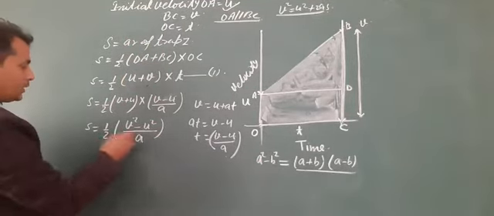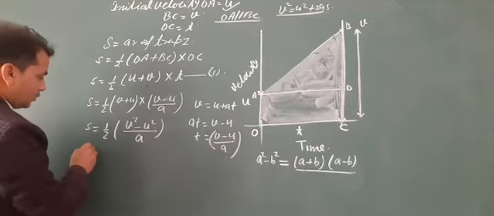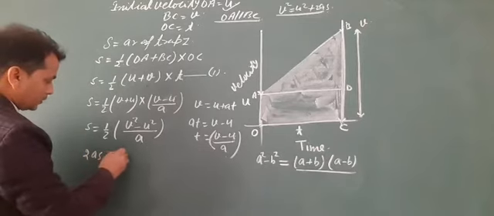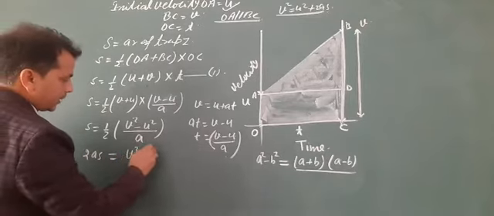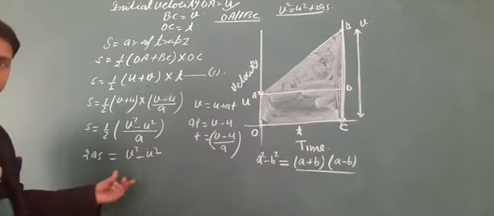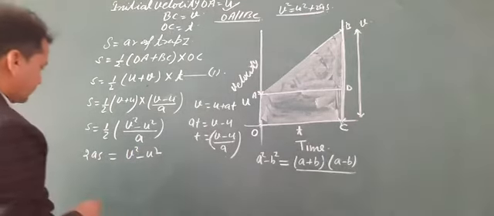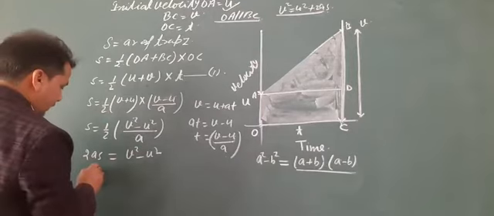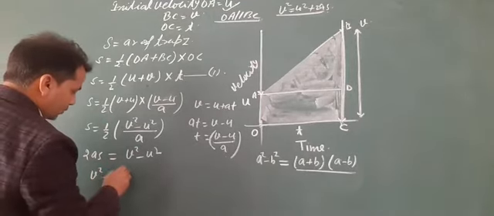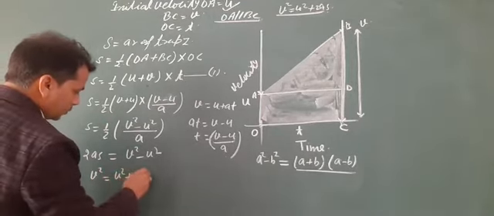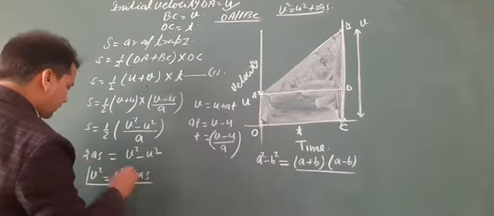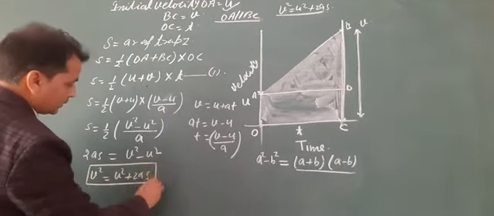Then multiply 2A, so 2AS equal to V square minus U square. Transpose the U square here, then V square equal to U square plus 2AS. That is the third equation of motion.